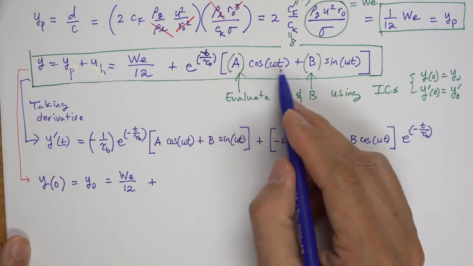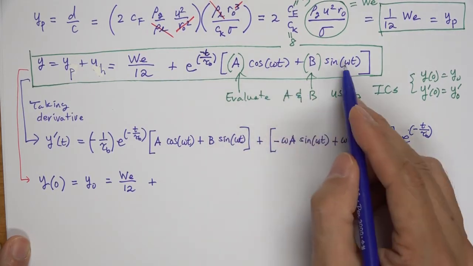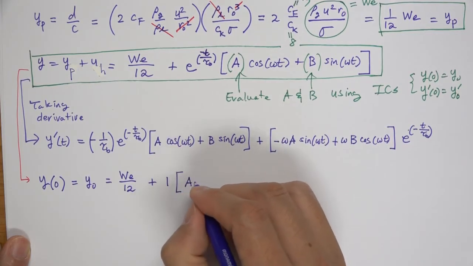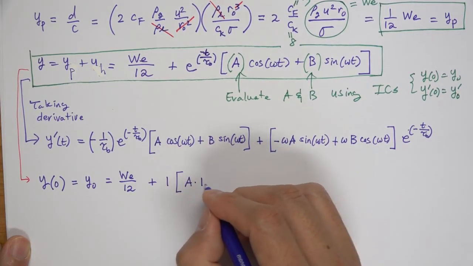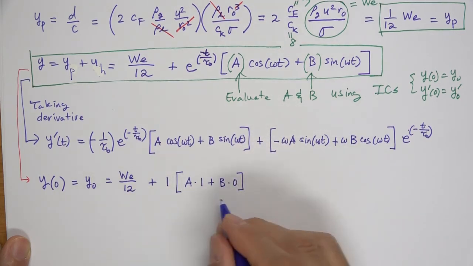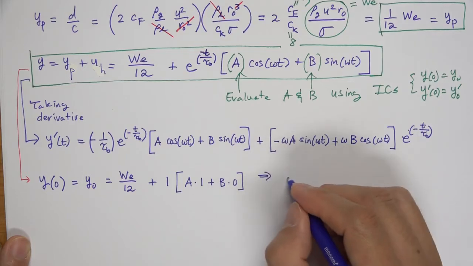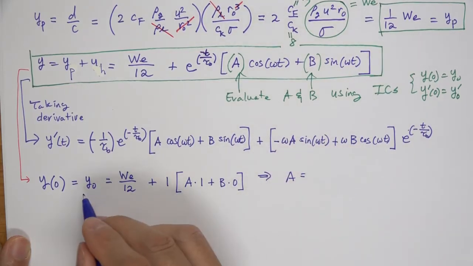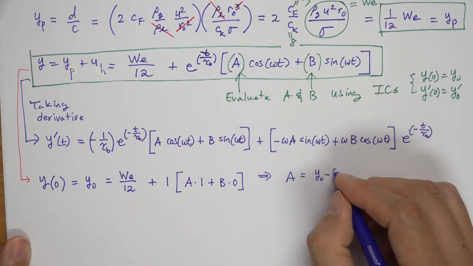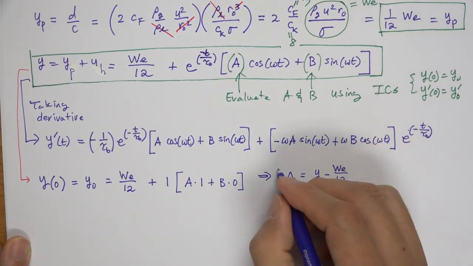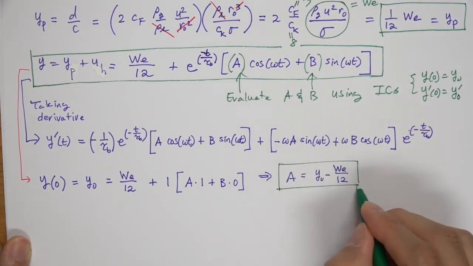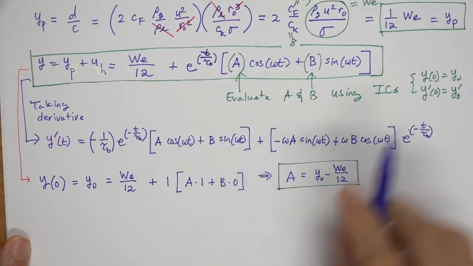Times a, and sine of 0 is 0, so 1 times a times 1 plus b times 0 will be this. So here I can find out that a is equal to y0 minus Weber number divided by 12. Right? Now what about this one?